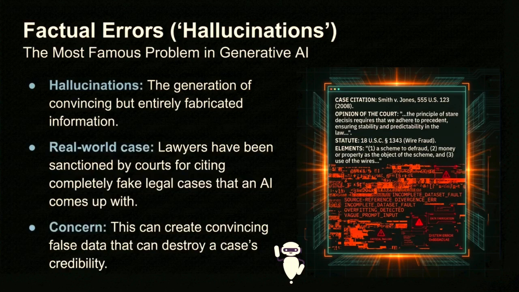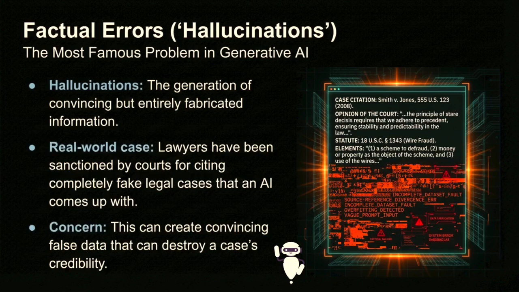In the real world, we have seen a case where a lawyer was sanctioned by the court for citing a completely fake legal case. He might have used ChatGPT to find references for the case, and ChatGPT came up with a case out of nowhere.